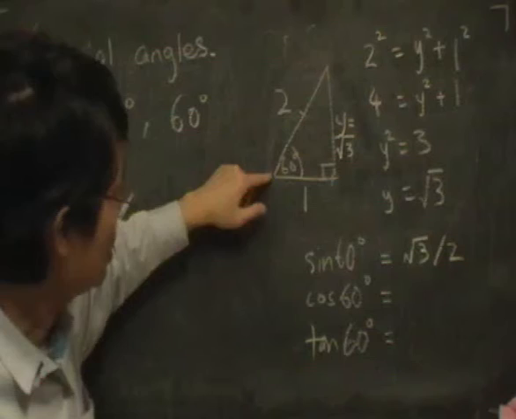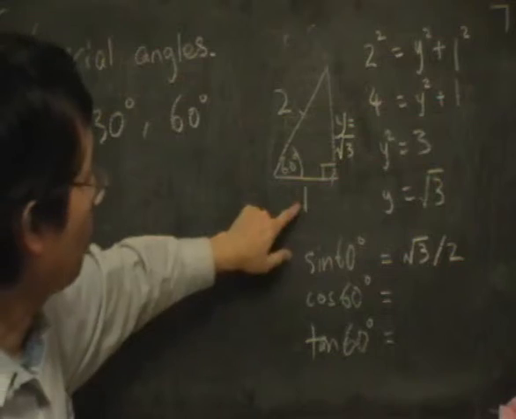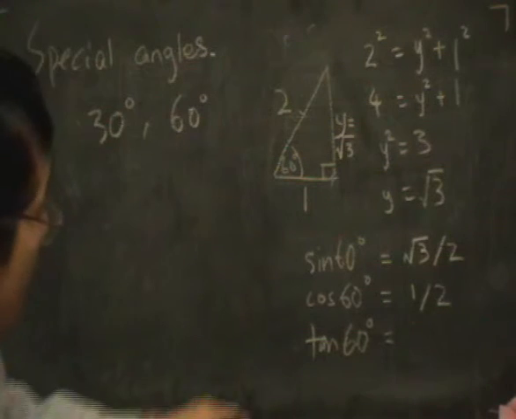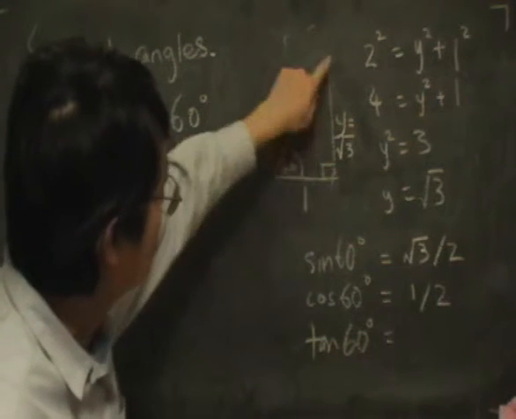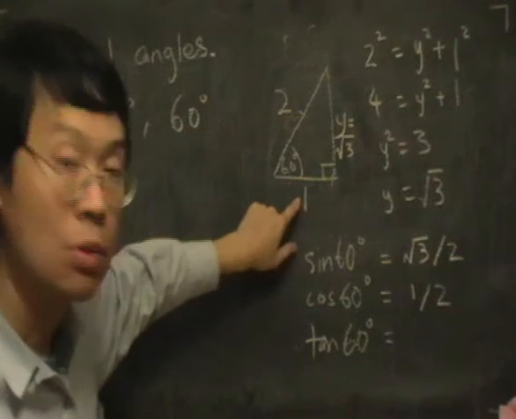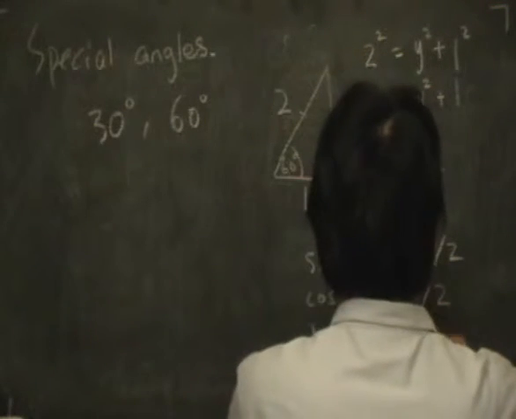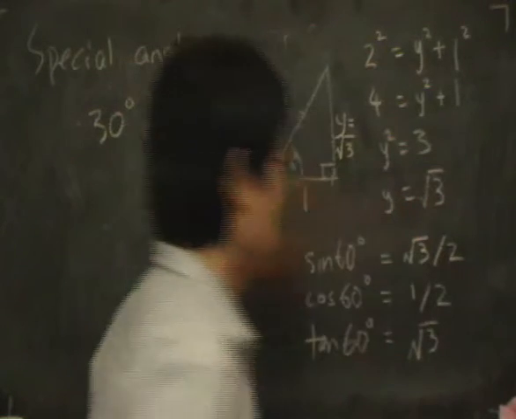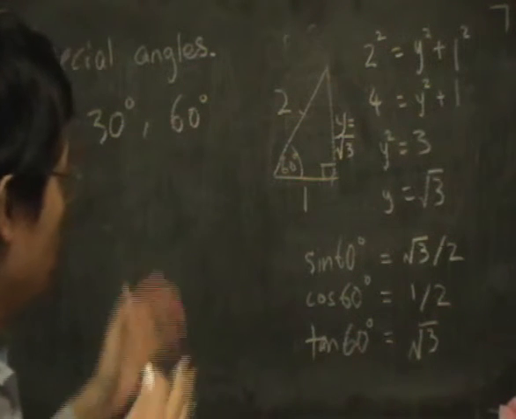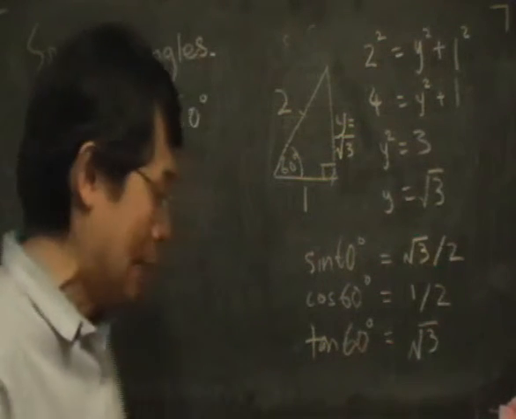Cosine of 60 degrees is the adjacent 1 divided by hypotenuse 2. So 1 over 2. That's a half. Tangent 60 degrees is the opposite, root 3, divided by the adjacent, which is 1. Root 3 over 1. So that's just square root of 3. So you've just found all the sine, cosine and tangent of 60 degrees.